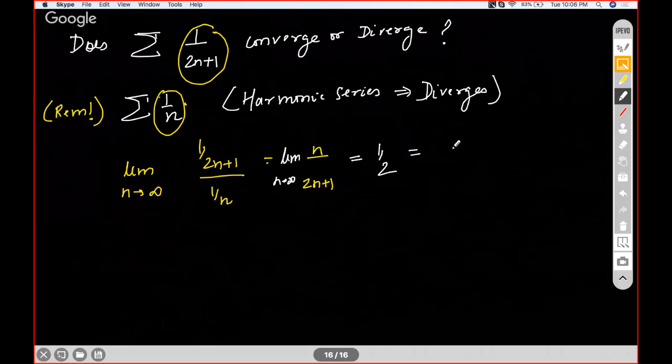That's equal to L, which is lying between 0 and infinity, right? So both the series will converge and diverge together, right? So if this is known to be divergent, then this will also be divergent. Is that fine?